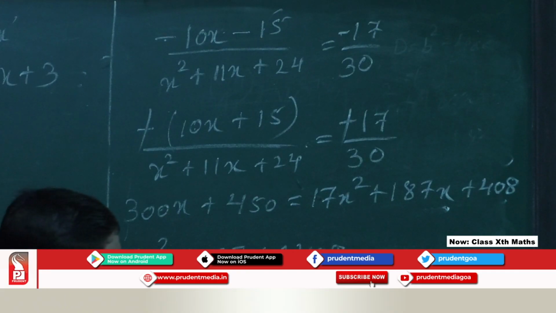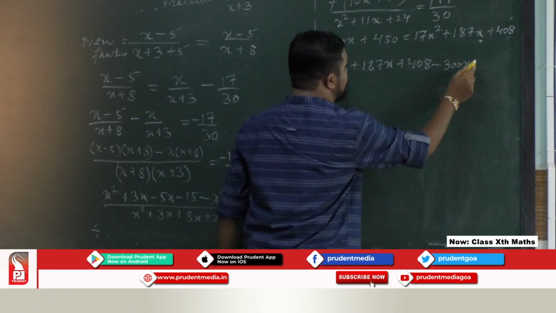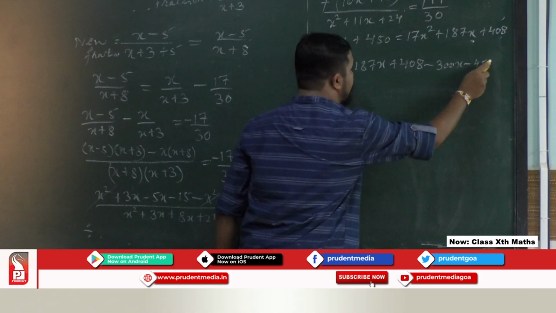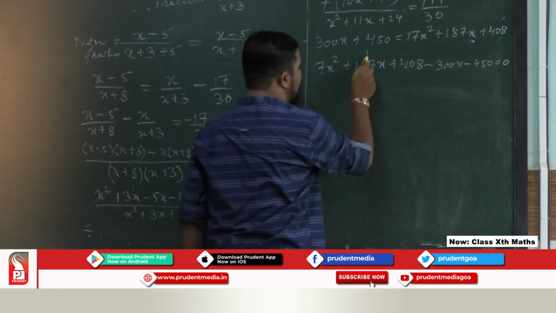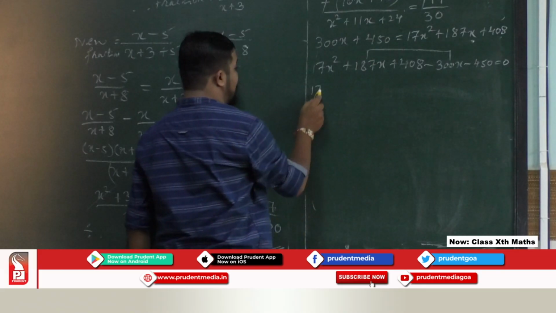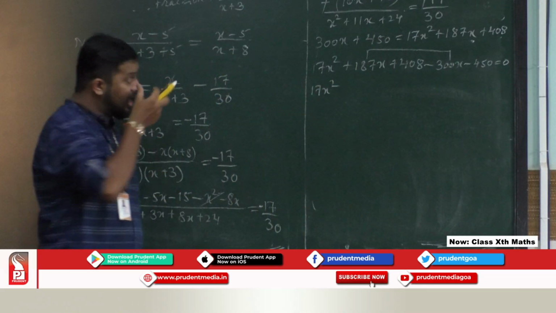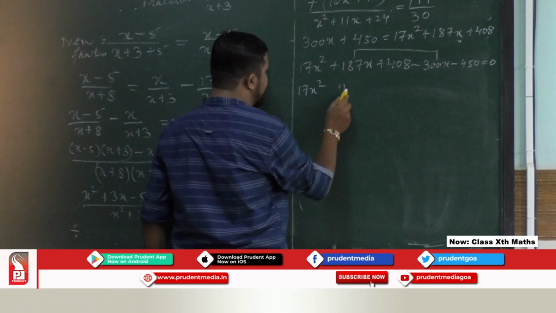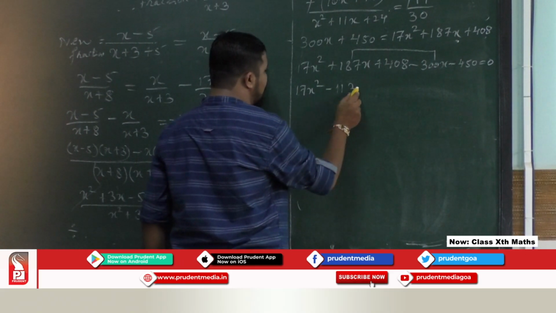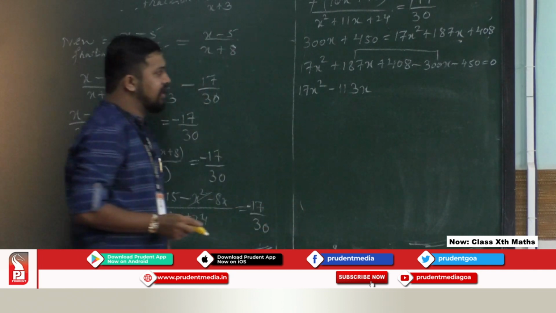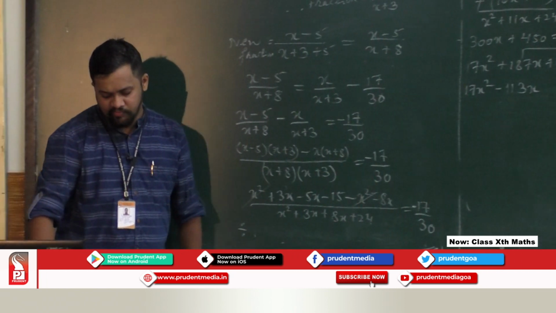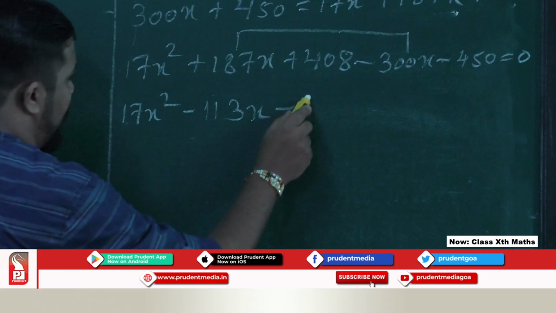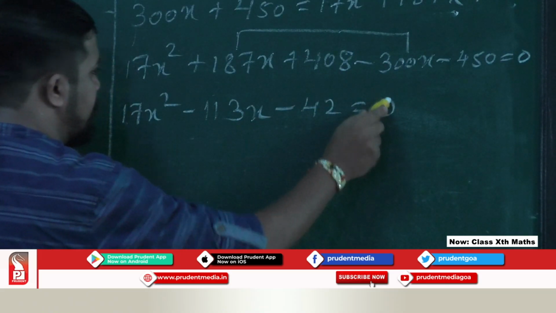So negative 300x plus 450, negative 450 equal to 0. Okay, now you subtract this part. So 17x square. So 300 minus 187 will give you 113, negative sign of the bigger number. Then 408 minus 450 will give you the number minus 42 equal to 0.